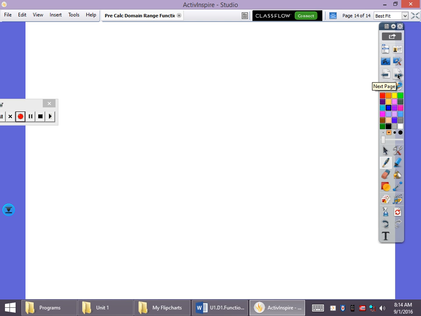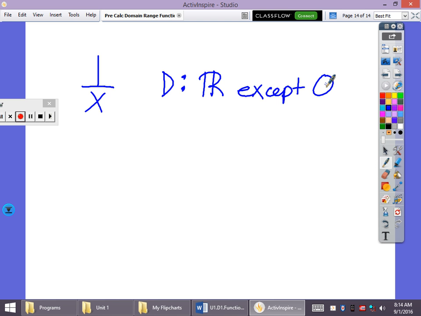Oh, they gave you a picture. Well, we're going to pretend they didn't give me a picture. What rule does this break? 0 in the denominator. So my domain would be all real numbers except 0. Cool? All right, the next one is this.